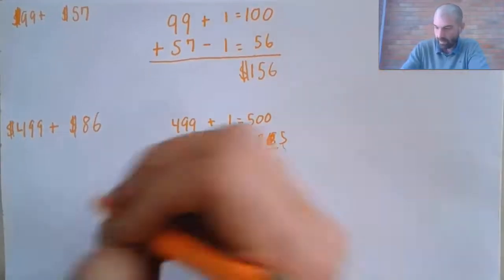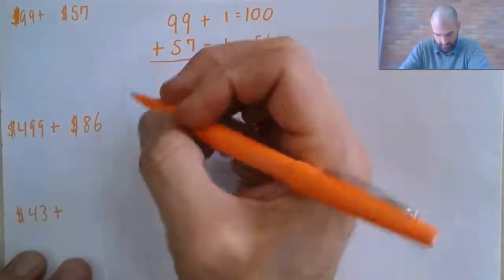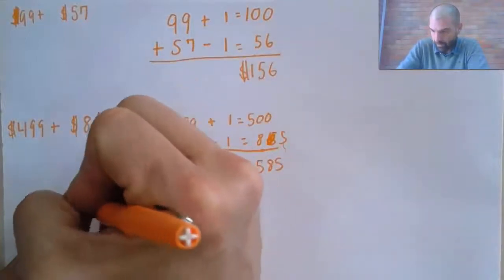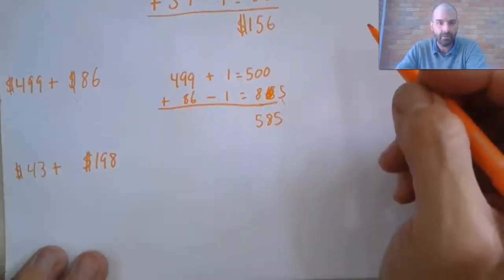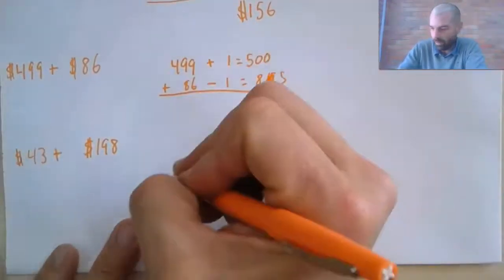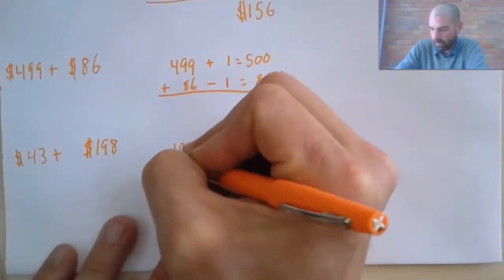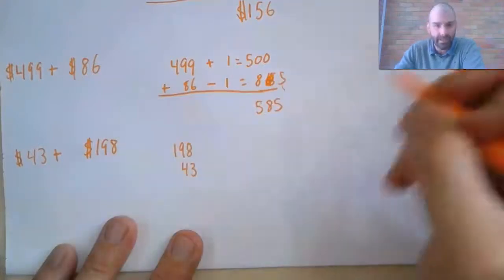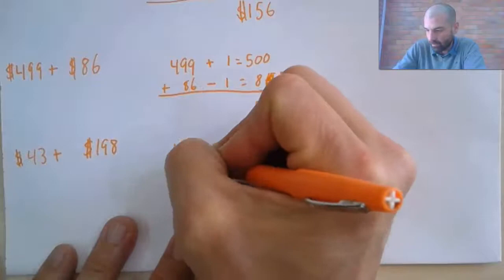What's the next one? What about $43 plus $198? I'm going to do this in 3, 2, 1, 0. All right, so hopefully what you noticed, if I have 198 and I have 43, 198 is 2 away from a friendlier number of 200.